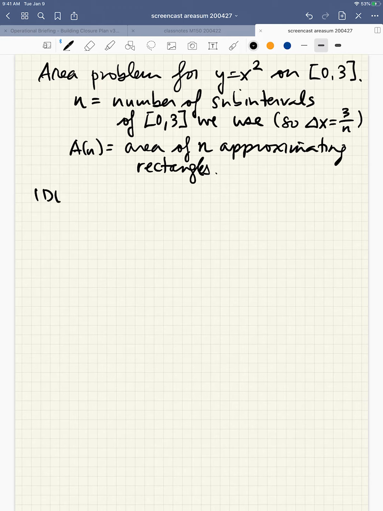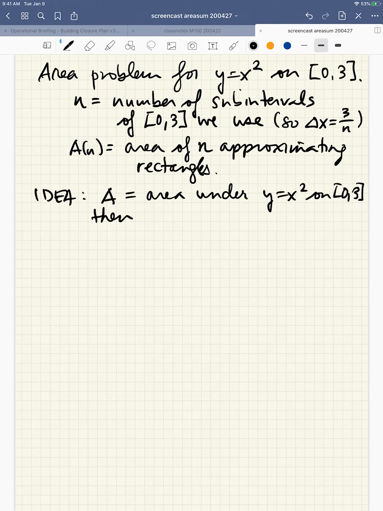And the idea is this. If A, without any n, equals the area under y equals x squared on the interval from 0 to 3, then A is approximately equal to A_n.